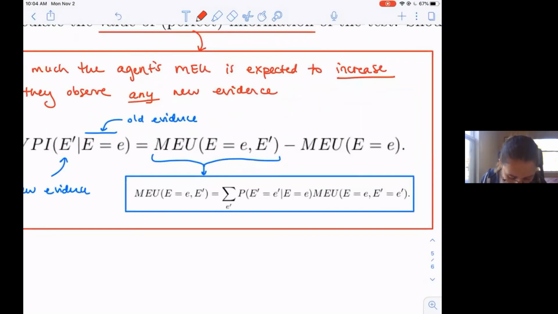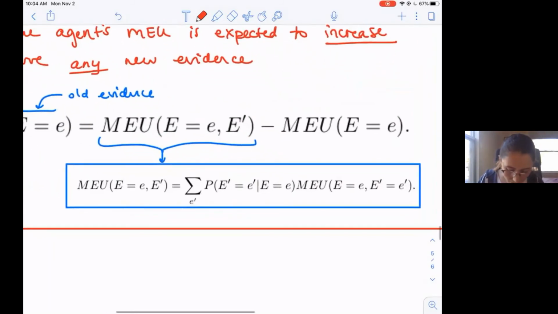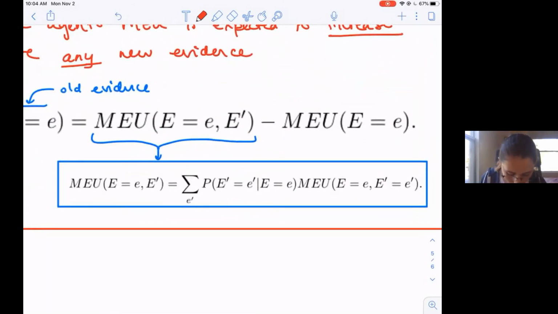This component here, this maximum expected utility of both the new and the old evidence, is just computed as an expectation over the new evidence, where you say, give me the probability of the new evidence given the old evidence times the maximum expected utility of the old evidence and the specific value of new evidence.